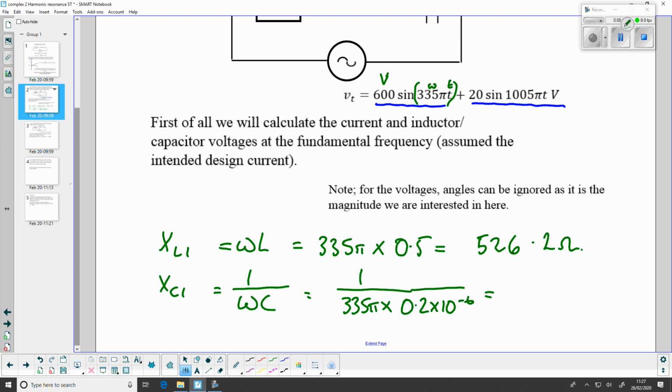And I make that 4751 ohms. Please just check them because I have been known to get them wrong.